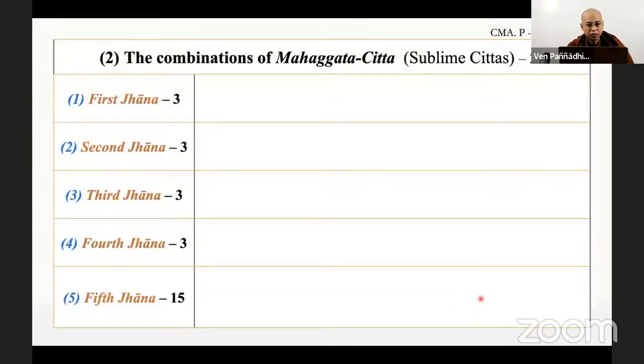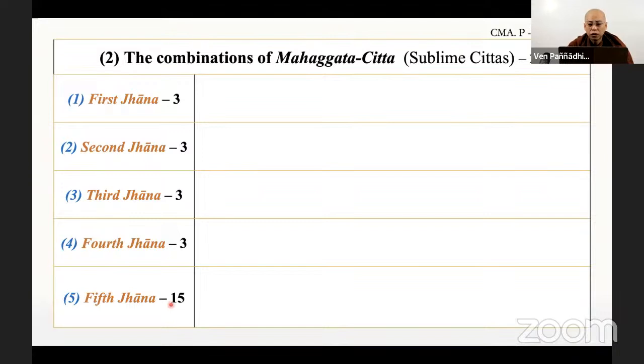Then let's continue with the Mahagata consciousness. Mahagata is also divided into 5 groups. First 3, second up to 4 jhana, or 3 forms of 4 jhana. And for the 5th jhana, 15. Can you count the 15 consciousness of 5th jhana? The 5th jhana citta in the Rupavacara, which is 3. Then the 12 Arupavacara cittas, which are also all 5th jhana. Okay, great.